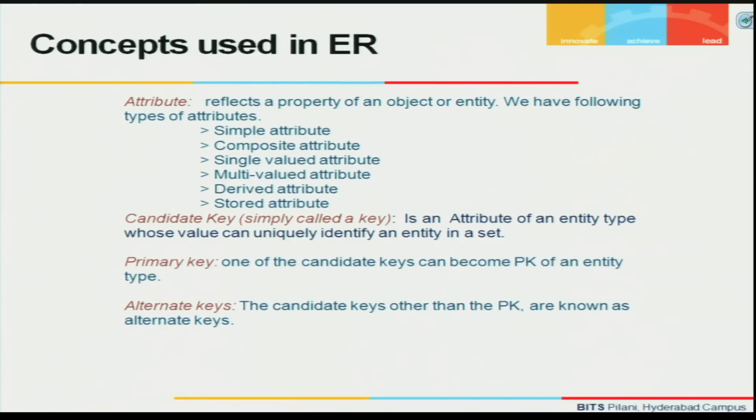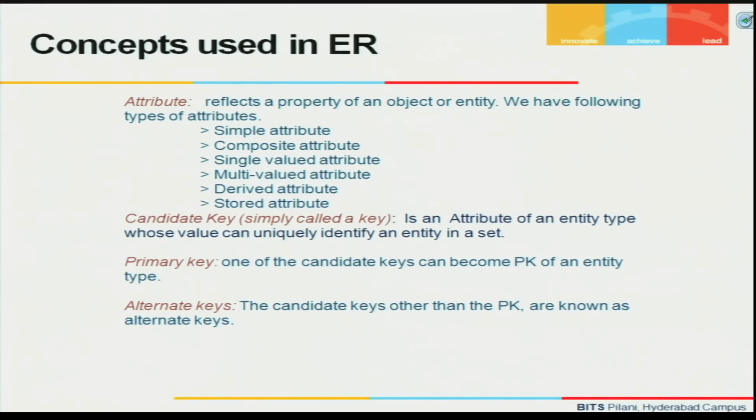Suppose for a person entity I capture phone number as a single valued attribute, then I can store only one phone number. If it is a multi-valued attribute, I can store his office phone number, house phone number, mobile number, and so on. That means it may contain multiple values which independently have some meaning. So that is called a multi-valued attribute.